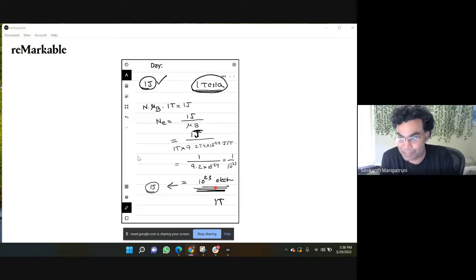This is a lot of electrons to produce 1 joule of energy. Okay, so magnetic moment is a very weak number. Electron's magnetic moment is a very weak number. And this is one of the attractions of doing computing with spin, but also one of the drawbacks of doing computing with spin. So we'll come back to it.